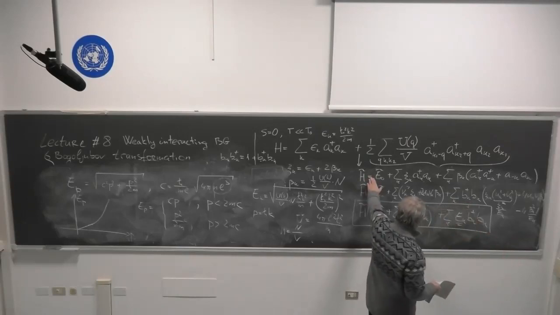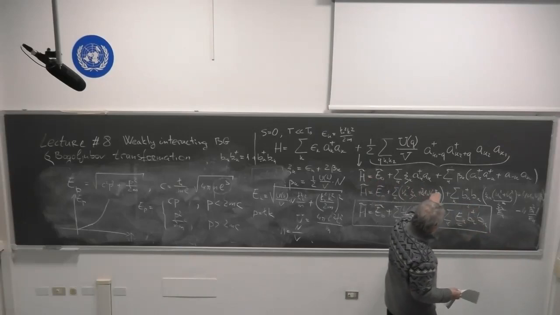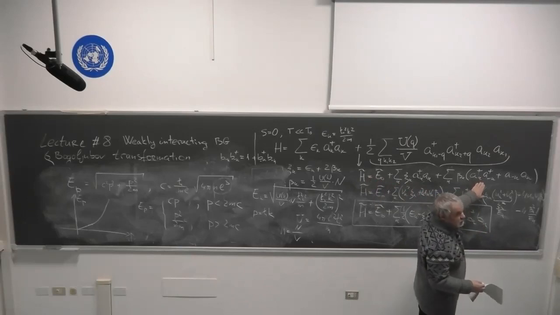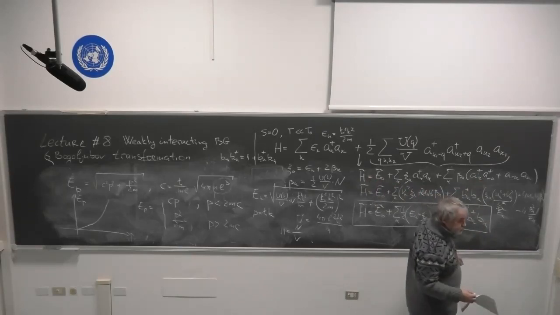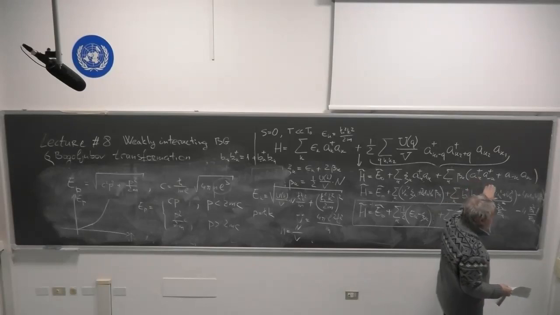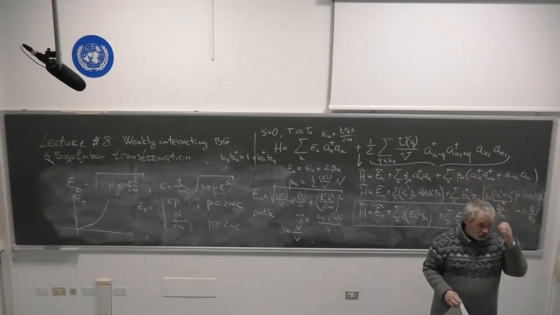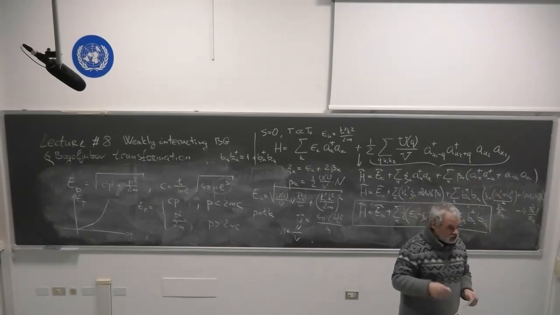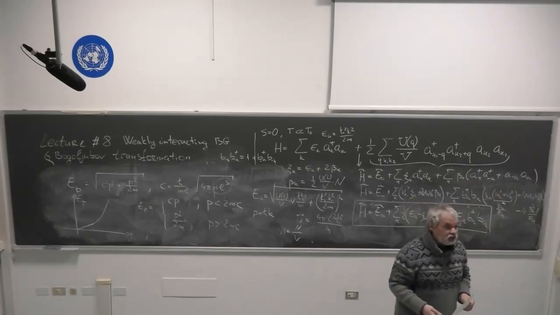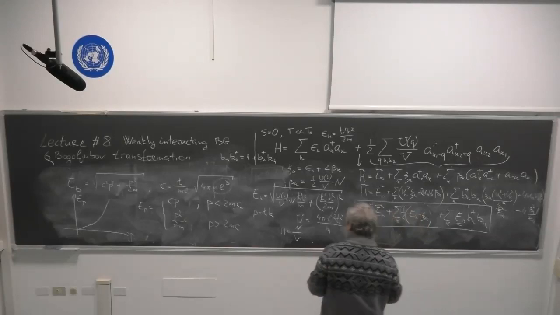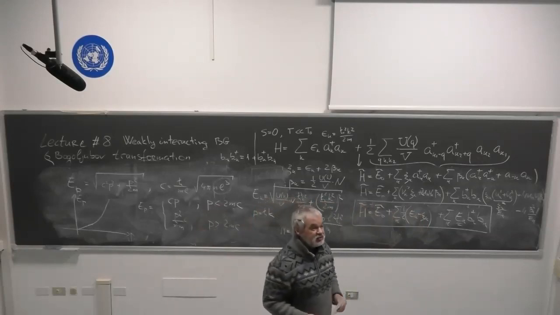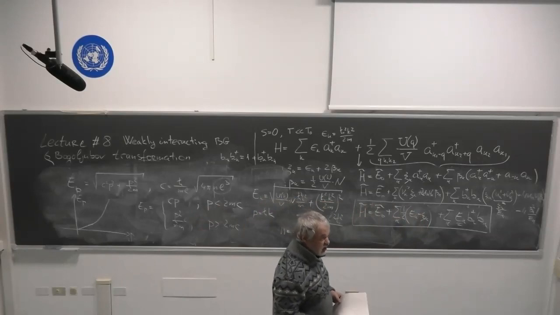However, by truncating the Hamiltonian, I broke this so-called U(1) gauge symmetry, because this term explicitly locks the phase. It contains a product of two creation and two annihilation operators. Therefore, as a result of breaking the continuous gauge symmetry corresponding to the phase factor, I obtained the gapless branch of excitations.